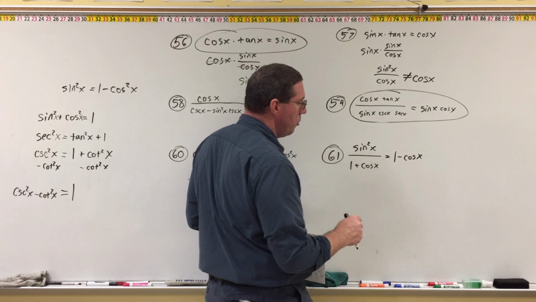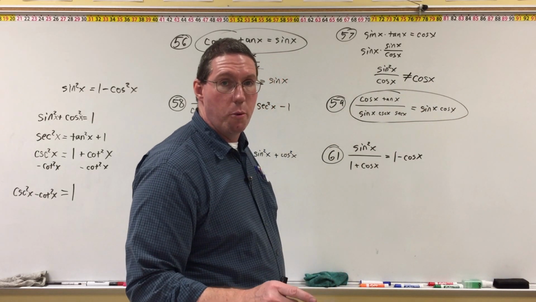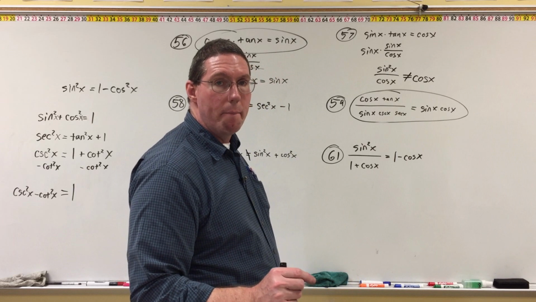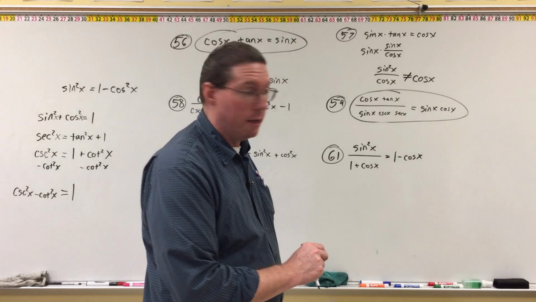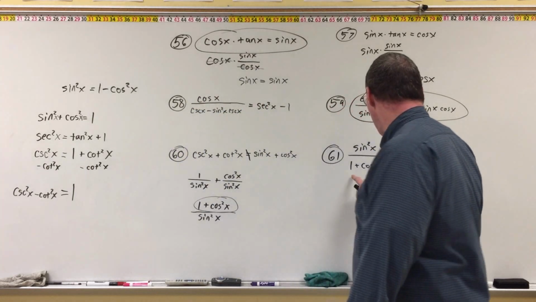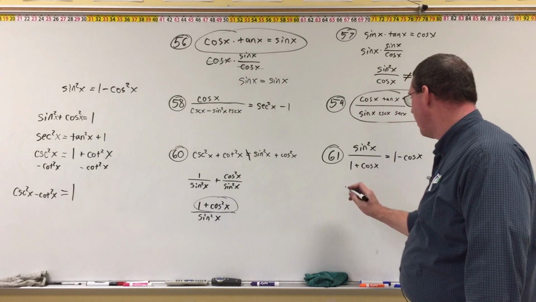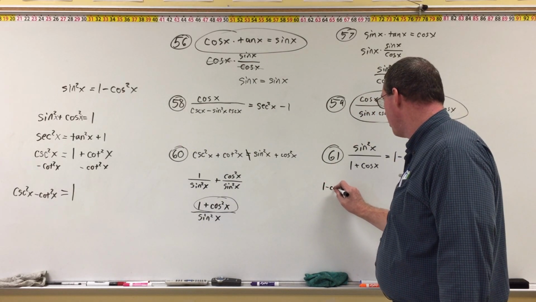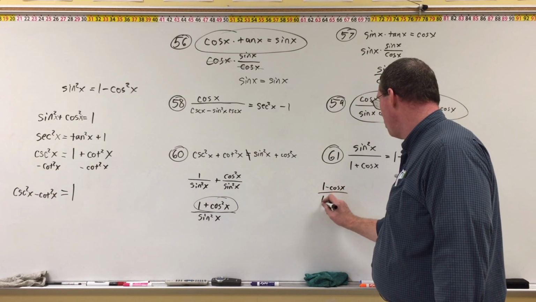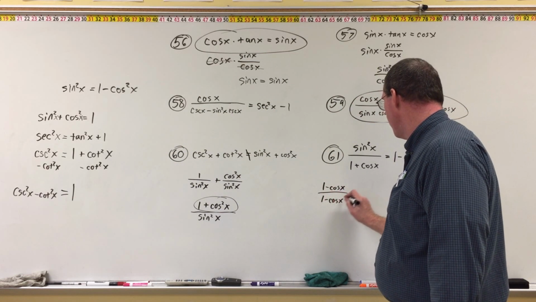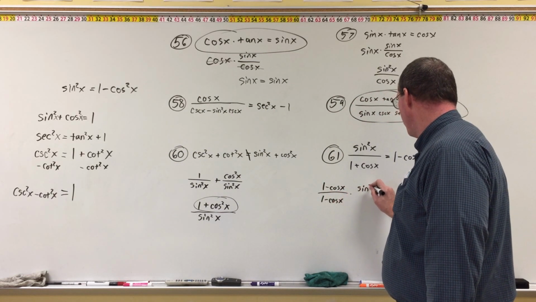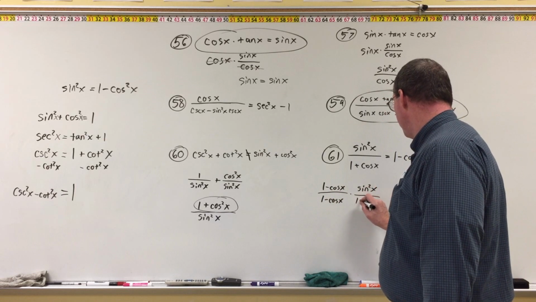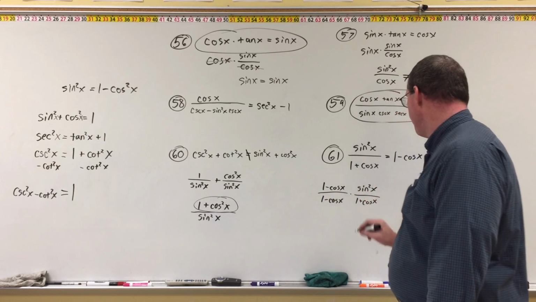One of the things you can do here is a technique where you multiply by the conjugate. So we can multiply the top and the bottom by 1 minus cosine of x. So we're going to do 1 minus cosine of x over 1 minus cosine of x times sine squared of x over 1 plus cosine of x.